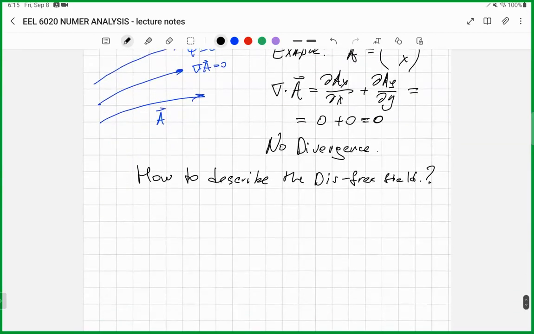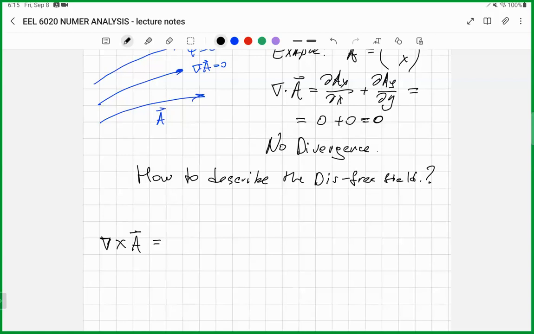Well, we have the last combination of nabla and the vector, right? Nabla cross A. And as we already know, this is called curl. And by definition of the cross product, I refer to the first lecture about the products.